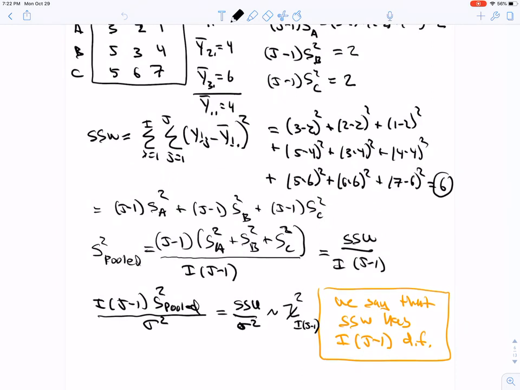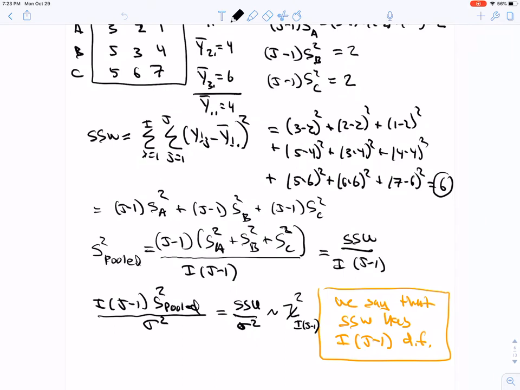And so you can form the pooled variance, which is really just the average of the row sample variances, right? The J minus 1s cancel here, so you just get S squared A plus S squared B plus S squared C divided by 3.